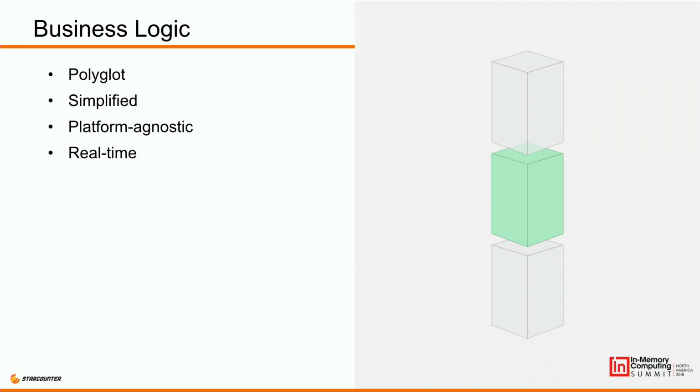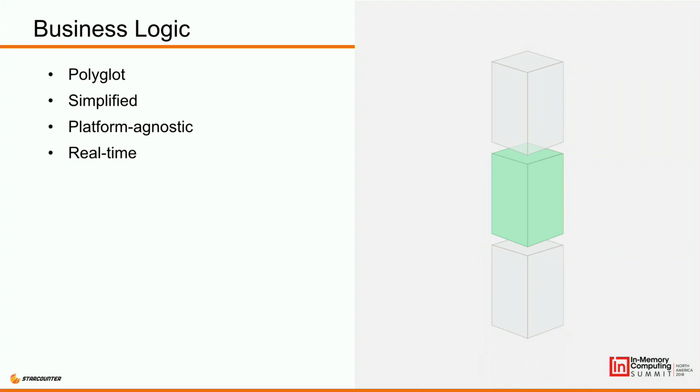Regarding the business logic layer, it's meant to be polyglot. Right now, the platform supports only C#, but it's designed in a way that we would like to introduce other languages to the platform, so we can build different systems, self-contained applications in different languages, and then run them side by side in a single database.